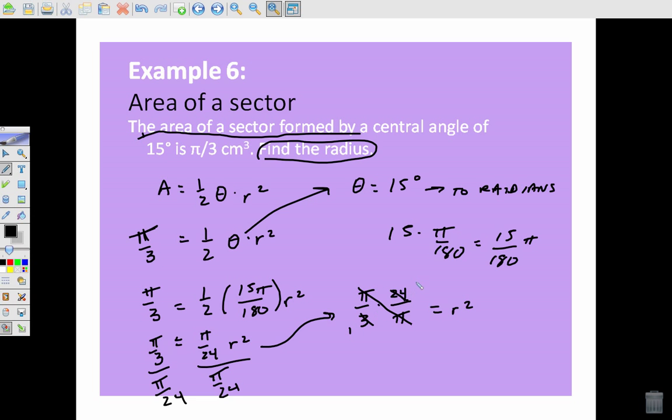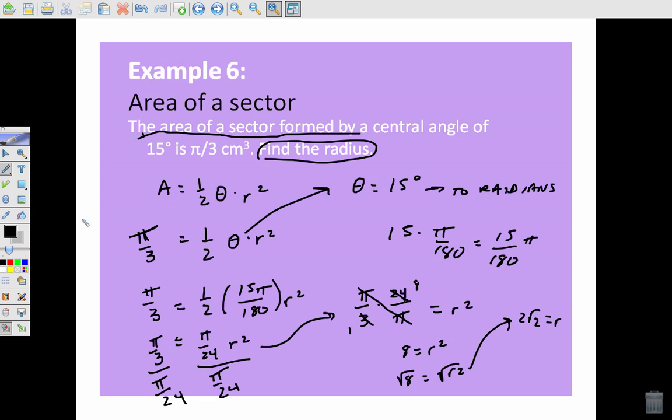Pi's cancel. 3 goes into 3 one time, 3 goes into 24 8 times, so we have 8 is equal to radius squared. I'll take the square root of both sides, and I end up with 2 square root 2 is equal to radius.